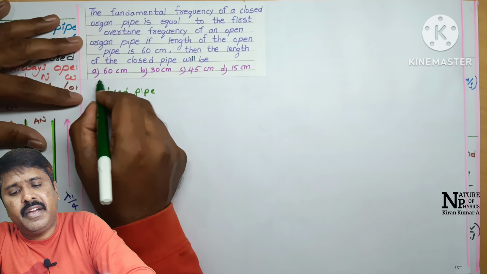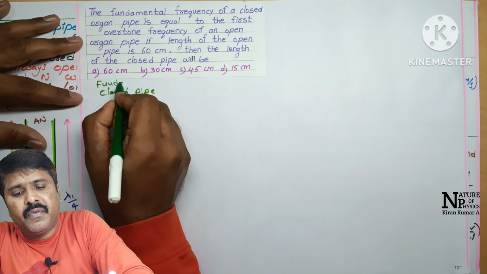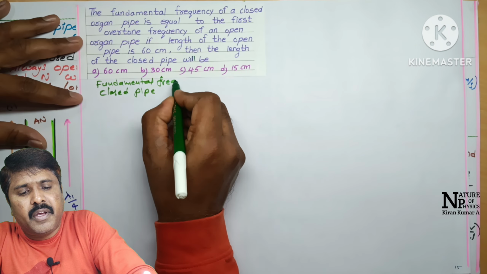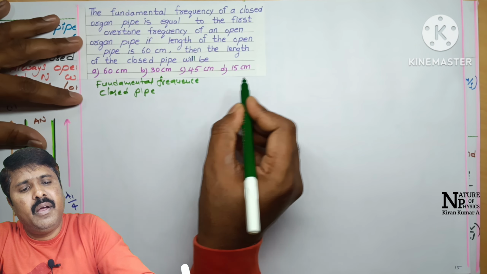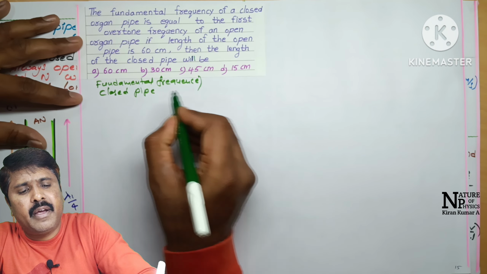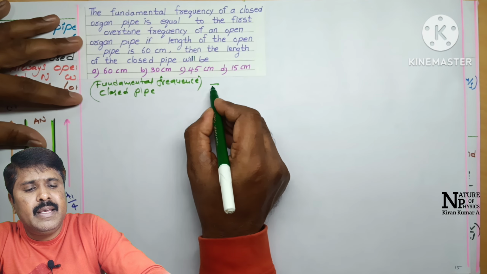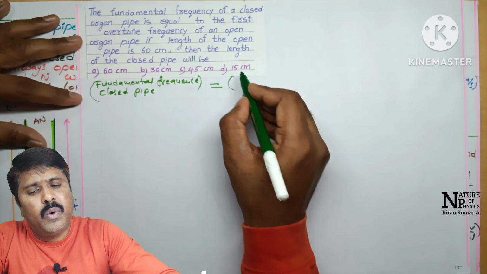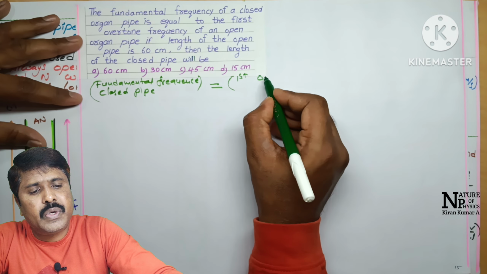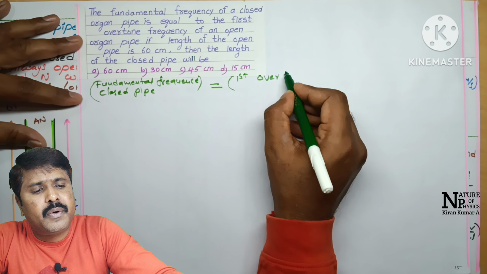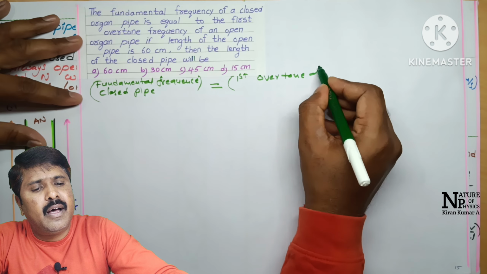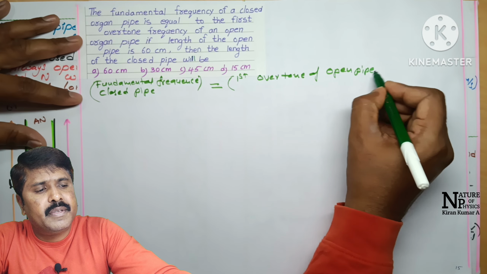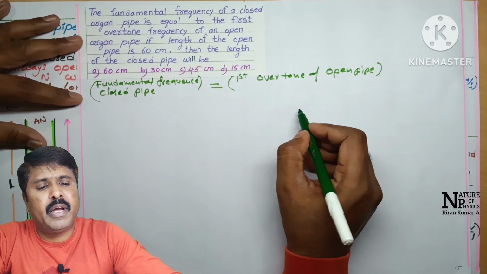So I will write: fundamental frequency of a closed organ pipe is equal to, what is that student? First overtone of an open pipe.